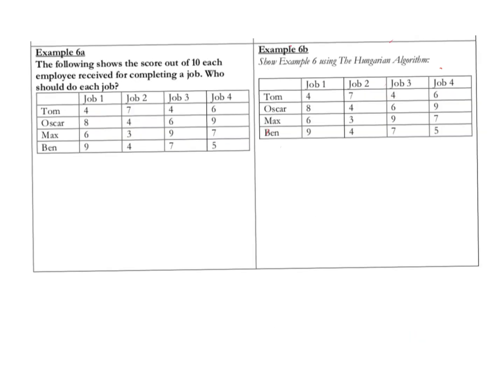With this one in this example 6, we're not going to do it via the Hungarian method because what this one actually says is the following shows a score out of 10 each employee would receive for completing a job. Who should get the job? Generally, we say the higher the score, the better the person, yeah? So this one, you want the highest score to go.